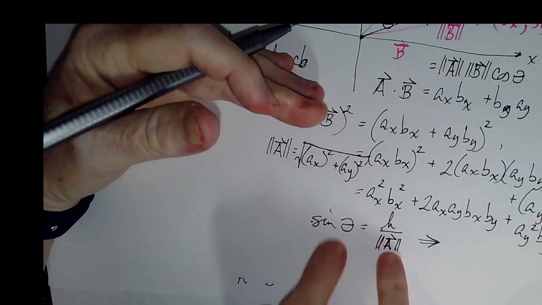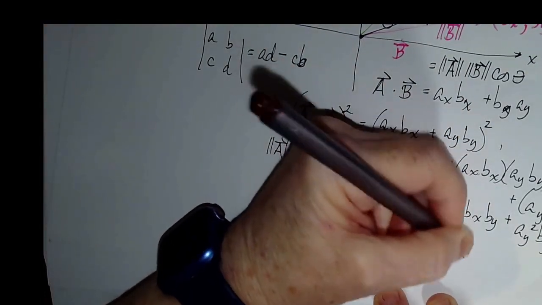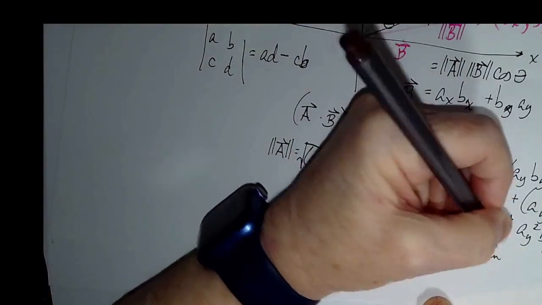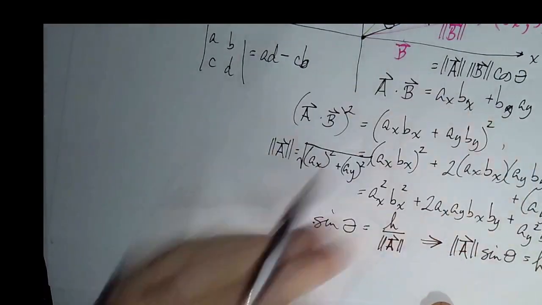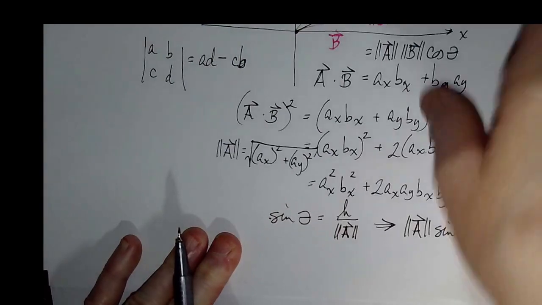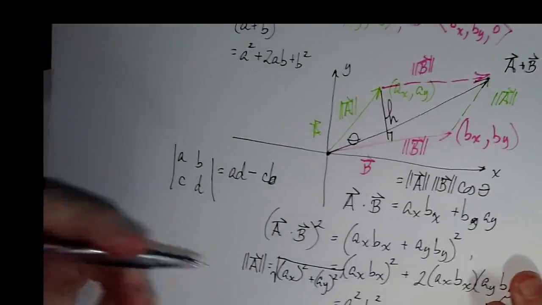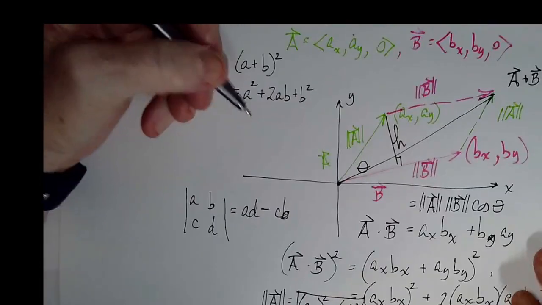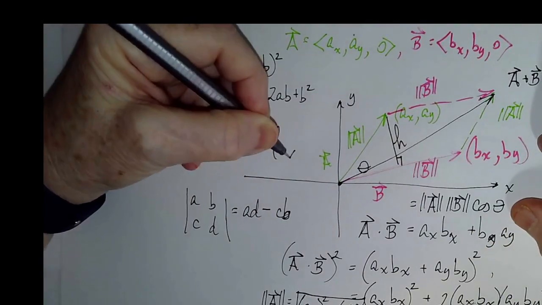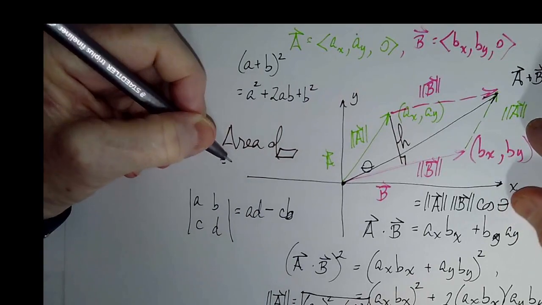So if I multiply both sides of this by the magnitude of A, I've got the magnitude of A times sine theta. That's the height of the parallelogram, so that the area of the parallelogram, well, that's base times height.